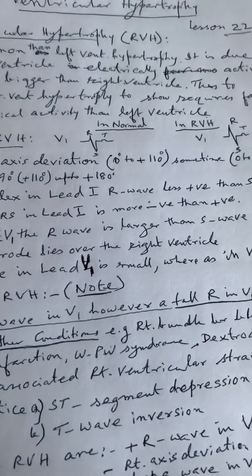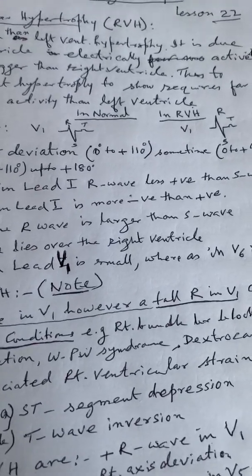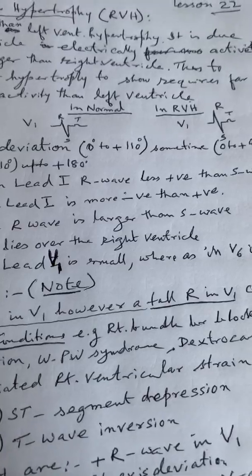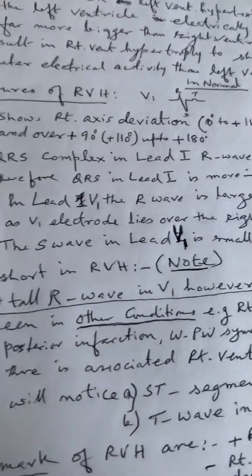It is the left which predominates, so the right has to predominate electrically to produce right ventricular hypertrophy.